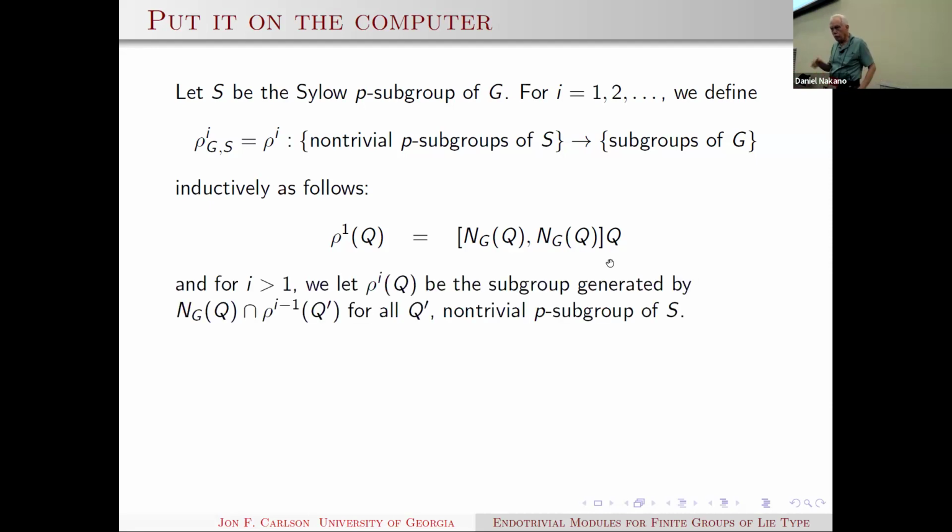To do rho two, or inductively, you first compute rho one, and then to get the next one, you throw in anything that you can get by taking the normalizer of Q and adding in anything that is part of the already computed rho function for any other P subgroup.